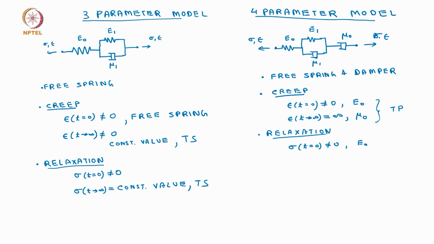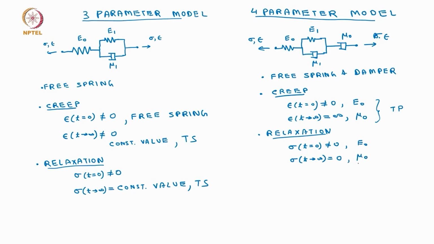So the springs E0 and E1 can go back to their original shapes or the original initial deformations, which is 0. So the stress as time t approaches infinity is 0, and this is mostly because of the free damper.